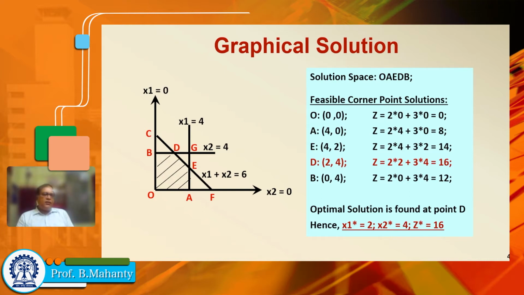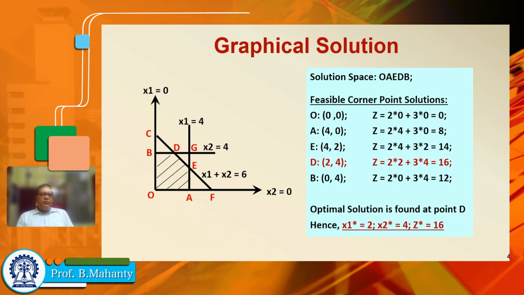Along the x2 axis, x1 equals 0. We have seen that the profit coefficient, Cj minus Zj, the net profit per unit, is higher for x2. So from the beginning point O, which is represented by the simplex first table, if we move towards A compared to if we move towards B, moving towards B is more profitable, is it not?